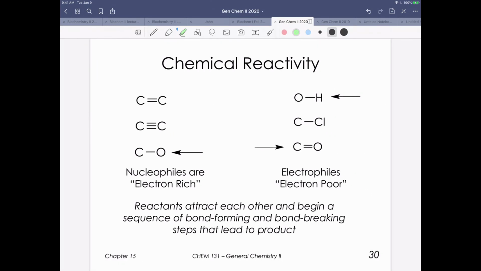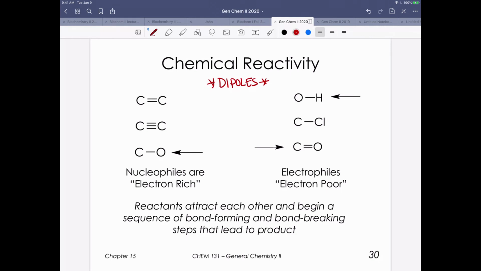Okay, all right, the last thing to introduce here before we do a little practicing is understanding how this principle of chemical reactivity comes into play here. And it all has to do with being able to draw dipoles. So hopefully everybody's good. We talked about dipoles at the end of Gen Chem 1.